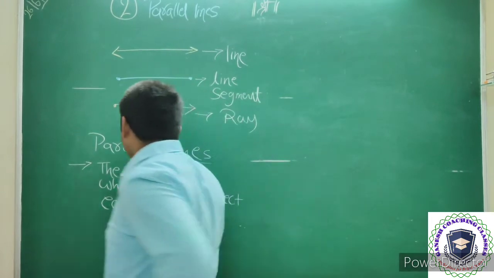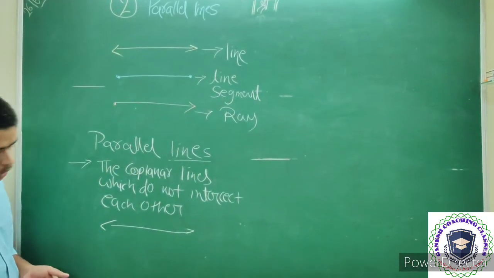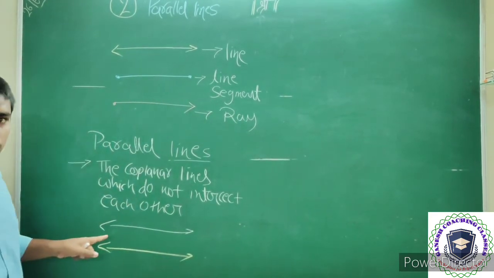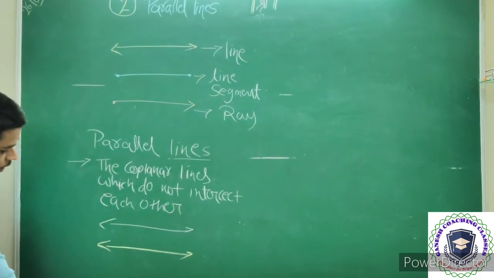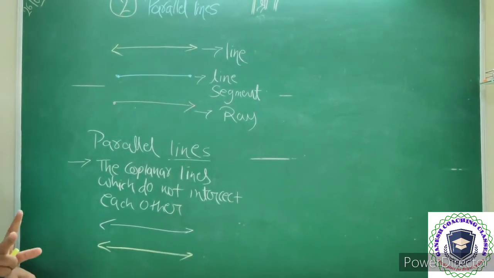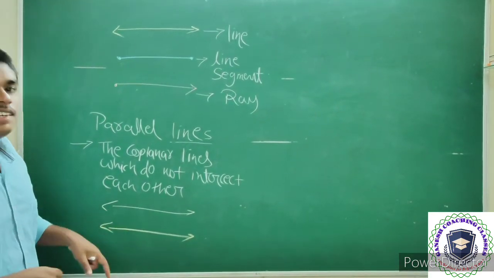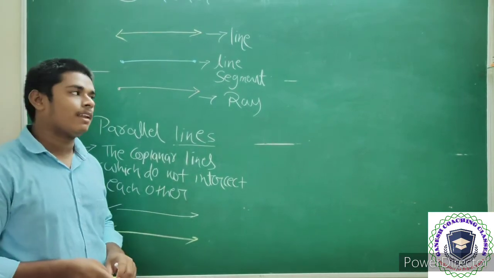For example, here I am drawing 2 lines. These 2 lines are coplanar, which means these 2 lines are in the xy axis, 2 axes, not 3-dimensional, and these 2 lines are not intersecting each other. So these 2 lines can be termed as parallel lines.